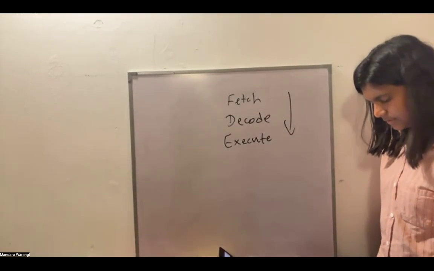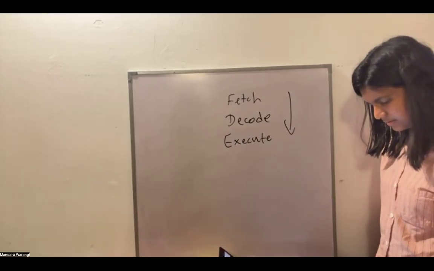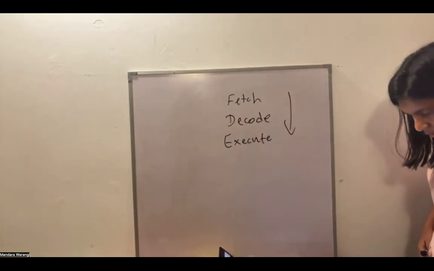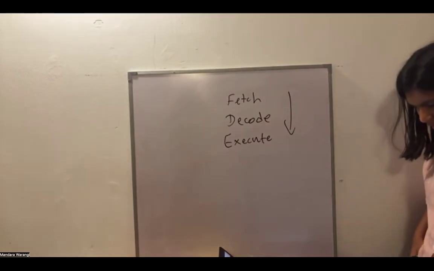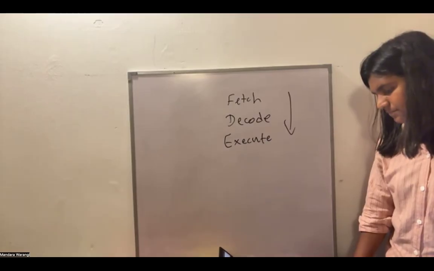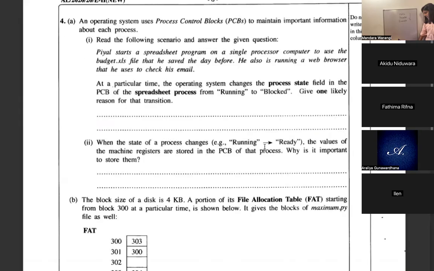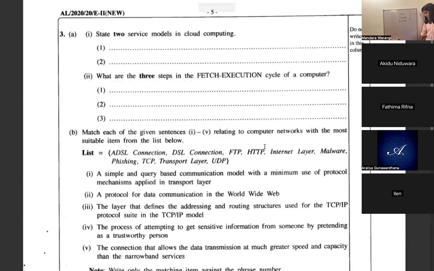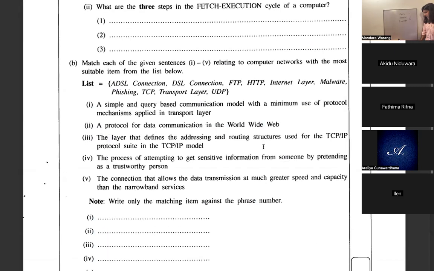Then what is the next question? Okay, then you have to match the given sentences 1 to 4 relating to computer network theory with the most suitable items on the list.